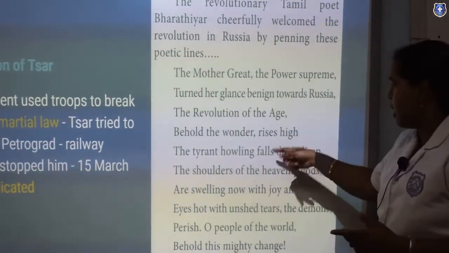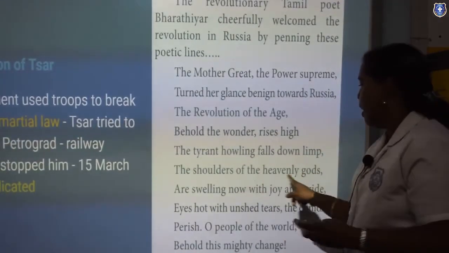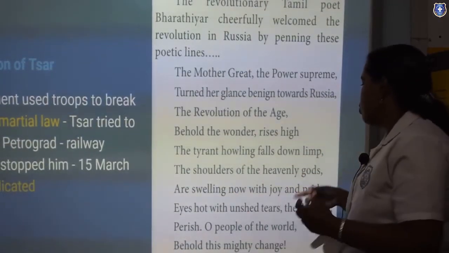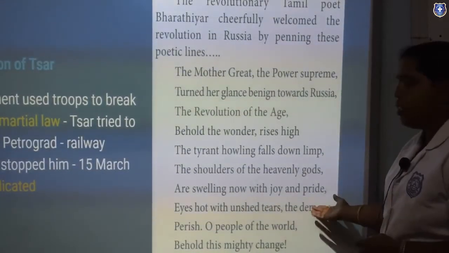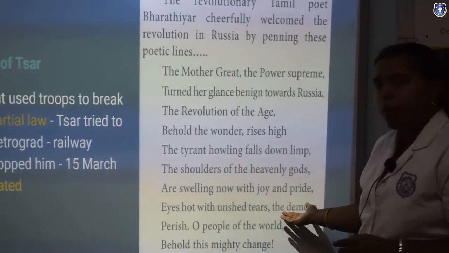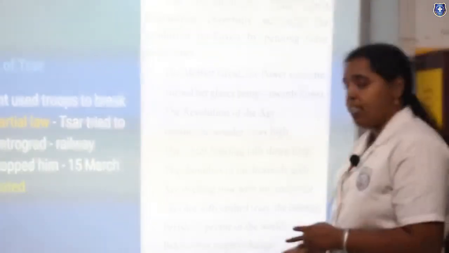Behold, the wonder rises high, the tyrant howling falls down limp. The shoulders of the heavenly gods are swelling now with joy and pride, eyes hot with unshed tears. The demons here he meant is the ruling party. Perish, O people of the world, behold this mighty change.